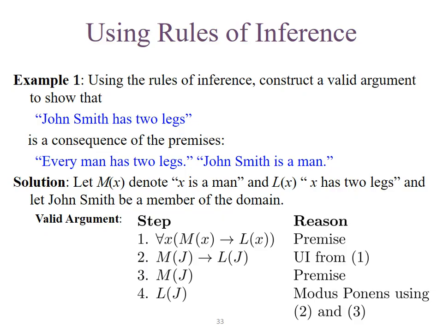This is universal instantiation, because we know the for all statement is true. If John Smith is one particular element within the domain, then the conditional for J is also true. Next, John Smith is a man, that means M(J) is true.